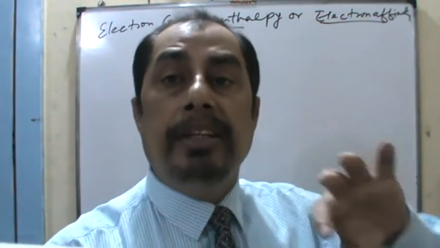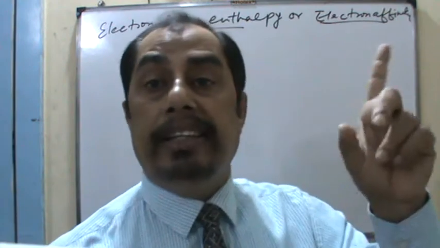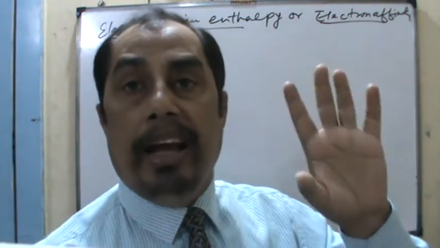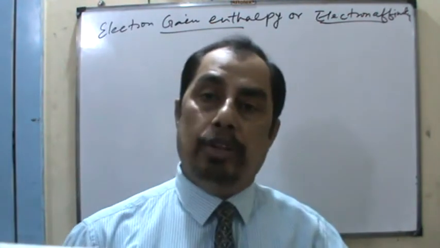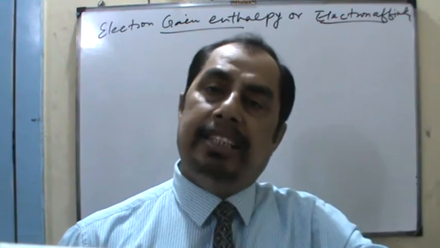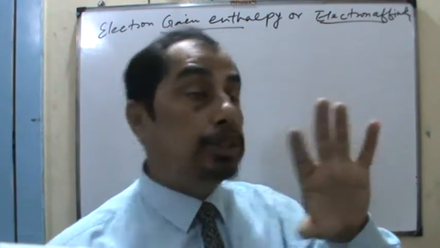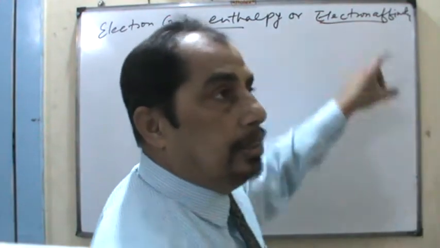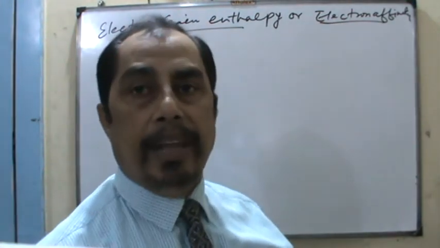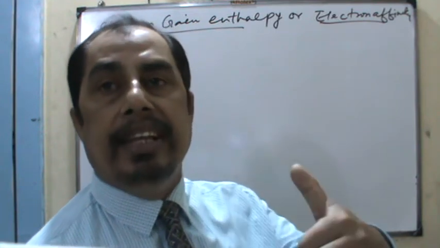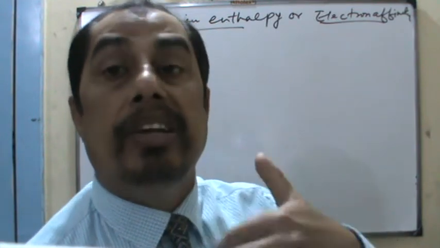Ionization energy was an endothermic process, because you have supplied the energy and electrons are lost. But in the case of electron affinity, the tendency to gain an electron is the property of non-metals, and they attain the state of stability with an exothermic reaction.